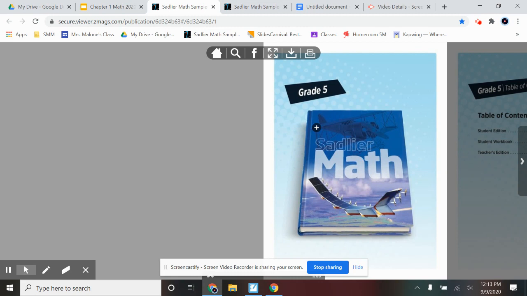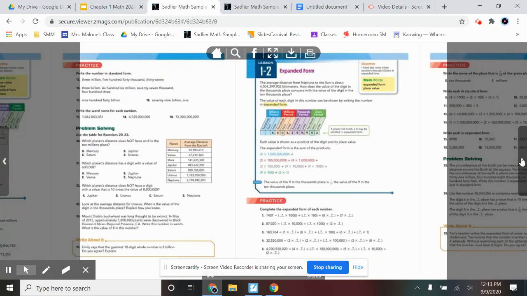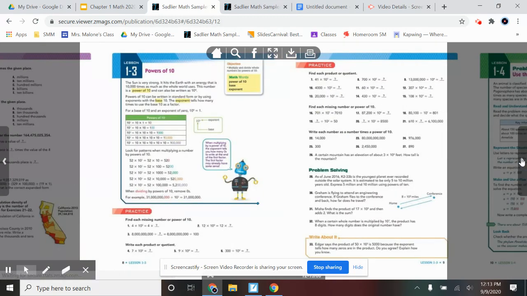So when Miss Malone talks about page numbers of your math book, do not use the computer pages. Use the actual page numbers in the book. So what I want you to do is turn to page 9. Let's find it. So we have to hit our little arrow until we find not computer page 9, but book page 9.